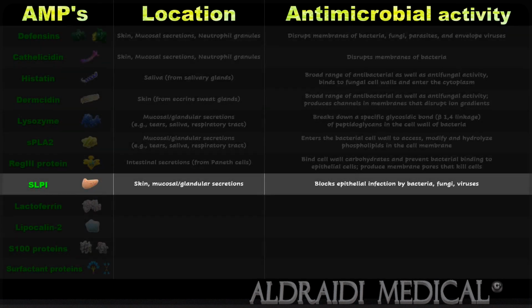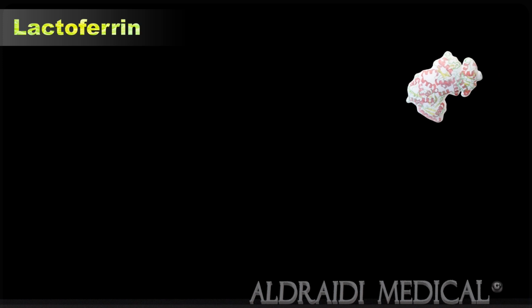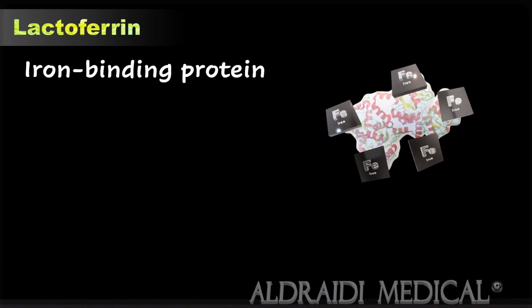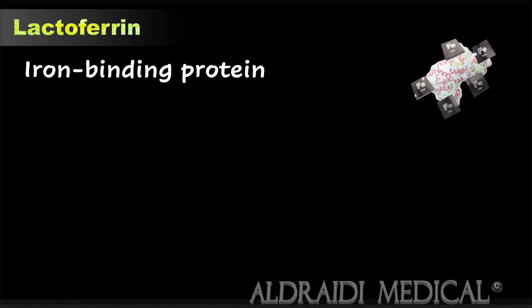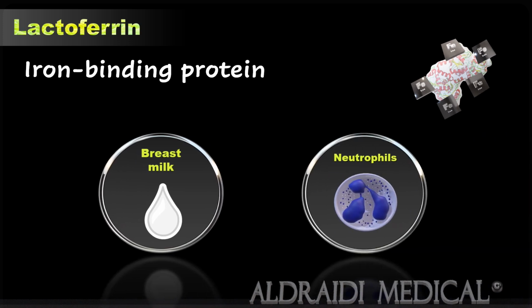Next is the antimicrobial protein Lactoferrin. Lactoferrin is an iron-binding protein that is mainly produced by mucosal epithelial cells and is present in most body fluids, especially breast milk. Lactoferrin is also an important component of the granules of the neutrophil granulocytes and can be secreted locally by these cells.